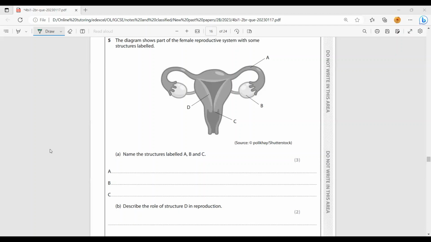No. Look, all of this is the uterus, but we need only this part. The lining of the uterus. The lining, bravo. Then what's the role of this lining in reproduction?